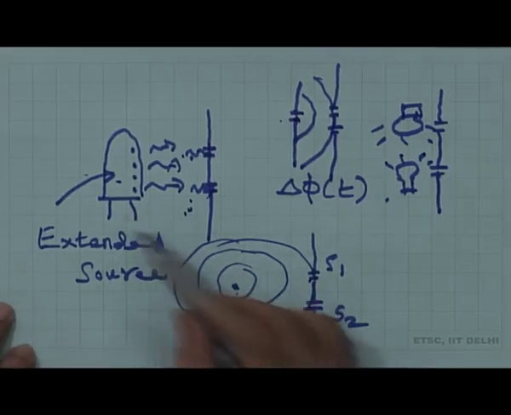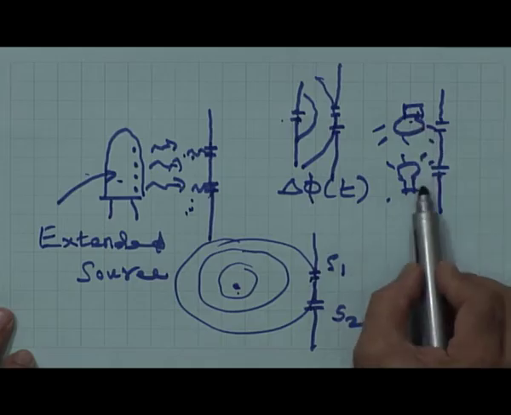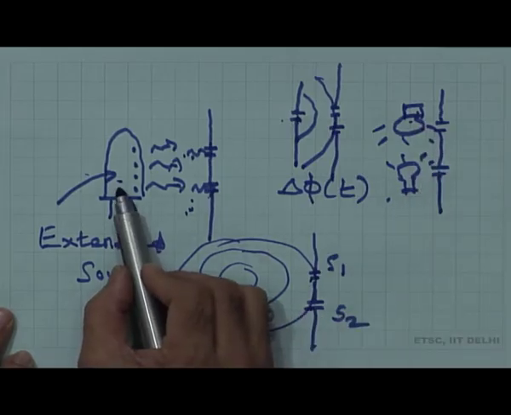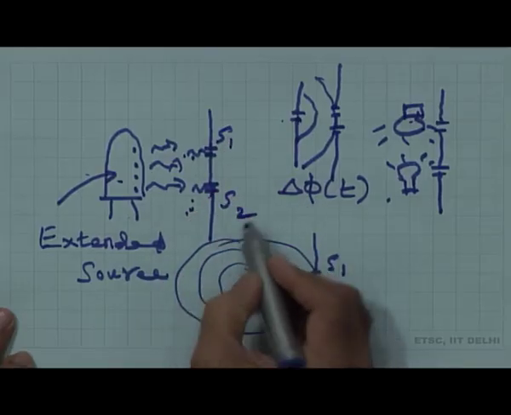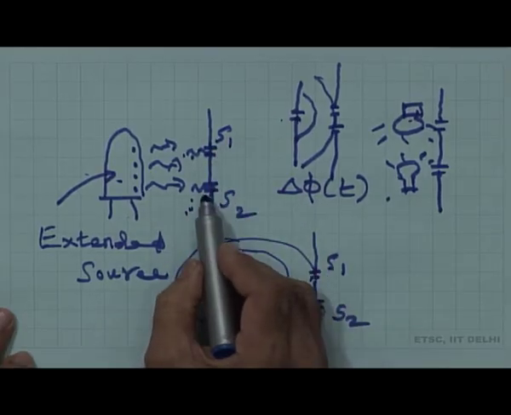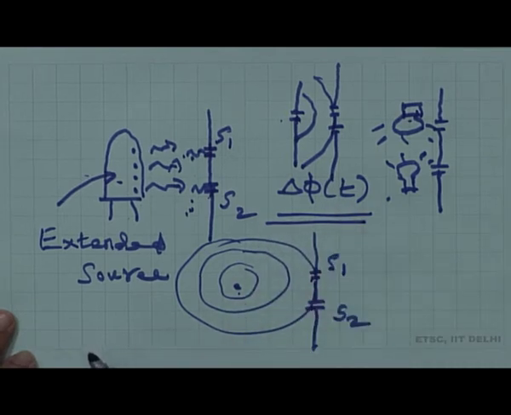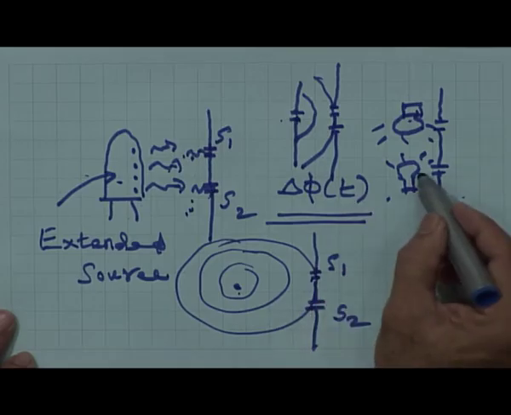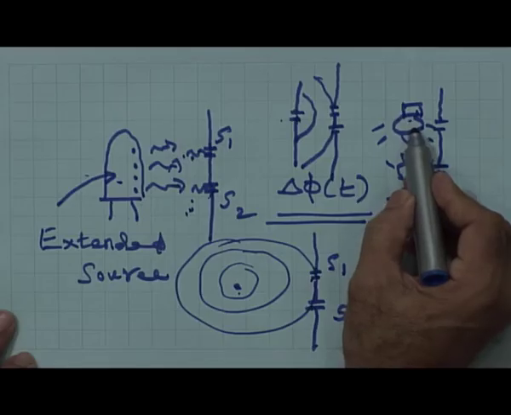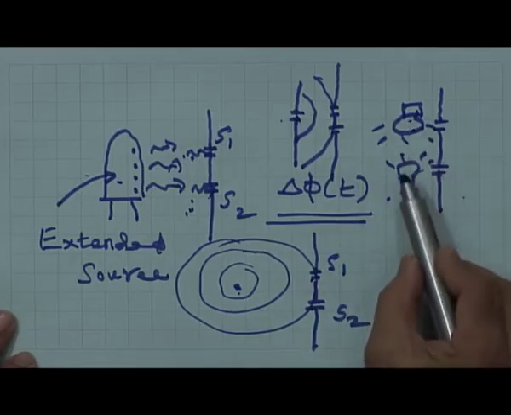So, what is the point? If we have two independent sources, or an extended source from which S1 and S2 are derived, then delta phi will vary with time. At different times delta phi will vary, because the light emitted from here has no phase relationship with the light emitted by the other source. These are independent sources.